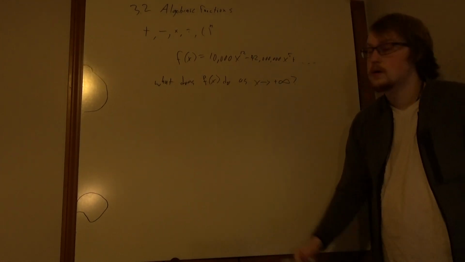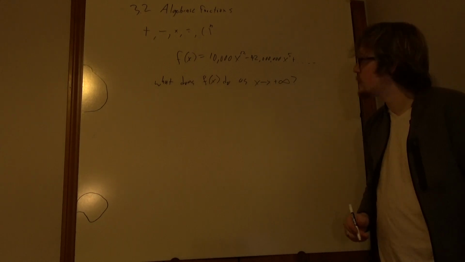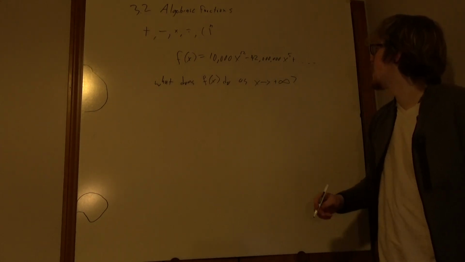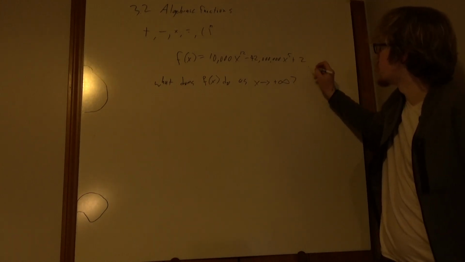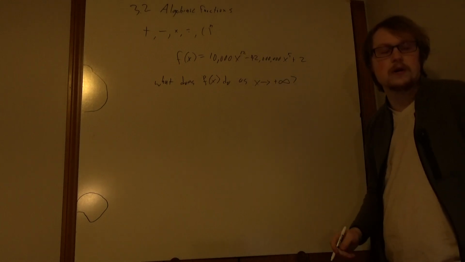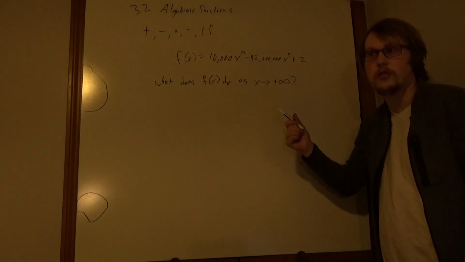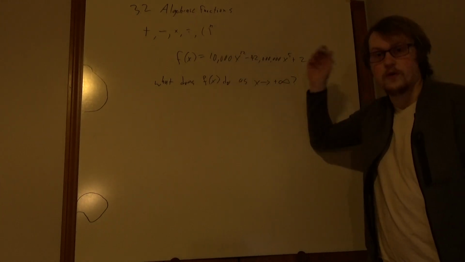Without what we've just been talking about, that would be a daunting question, but we can now say that the highest term, the x to the 12th term, is going to dwarf everything else.